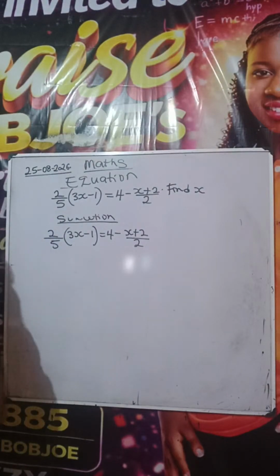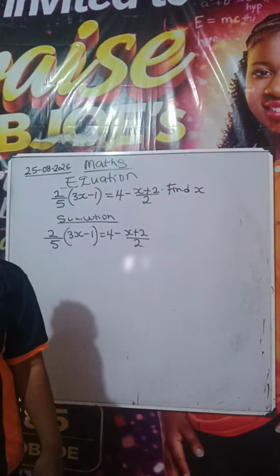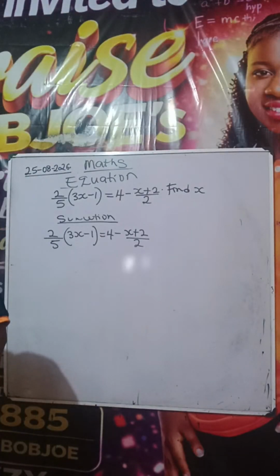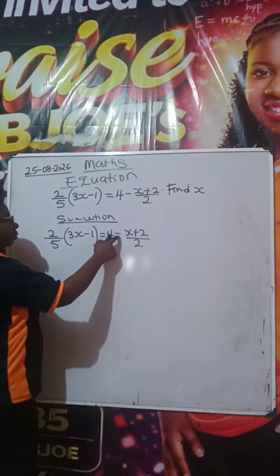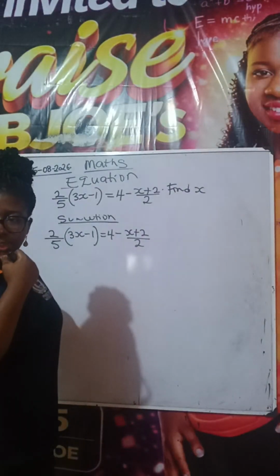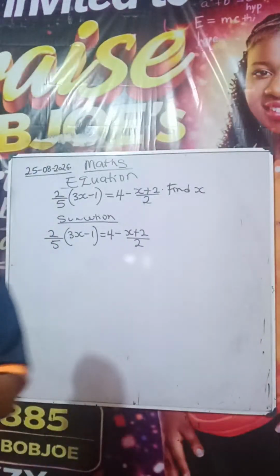So what do we do? Anybody? There is a minus here. This minus. Okay. So what do we do? Bracket the first.